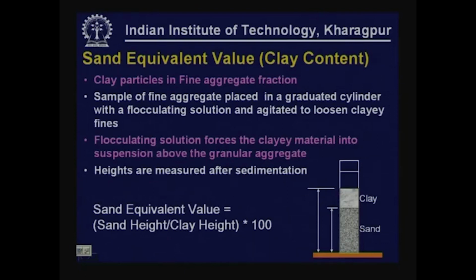The flocculating solution forces the clay material into suspension above the granular aggregate. As you can see here, the clay comes to the surface and sand gets separated at the bottom. Sand is basically a representation of fine aggregate here. The heights are measured, and sand equivalent value is nothing but sand height divided by clay height expressed as a percentage.